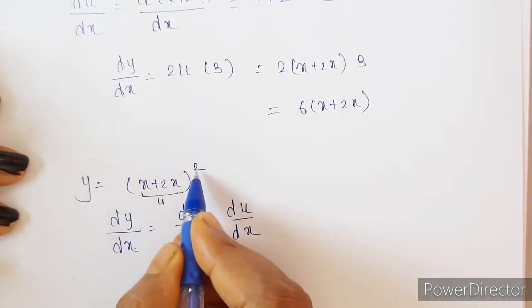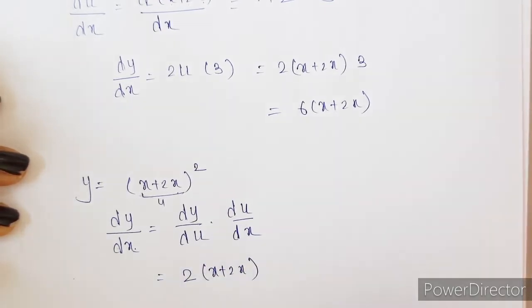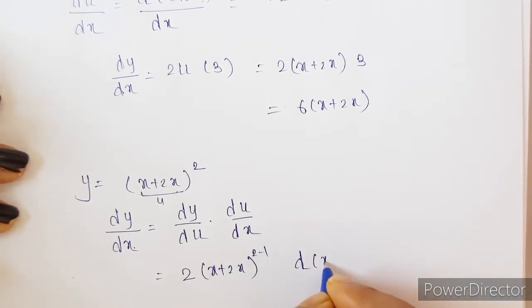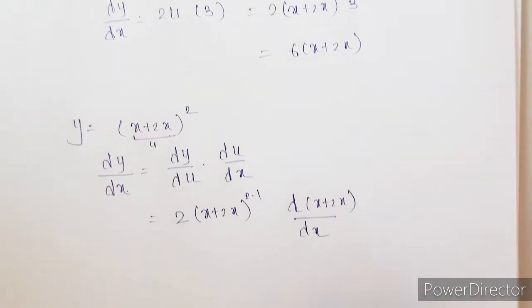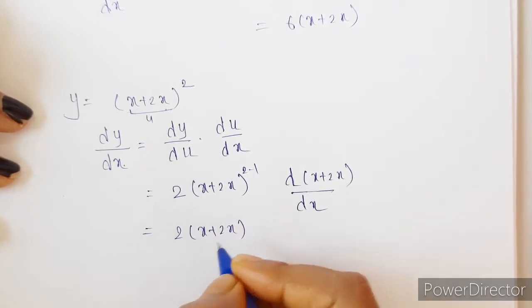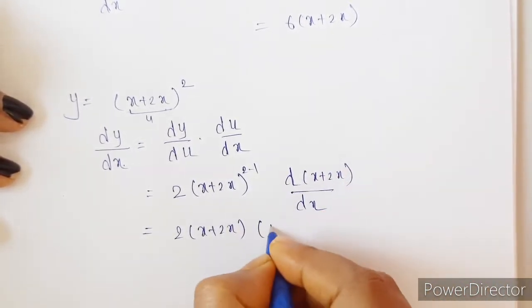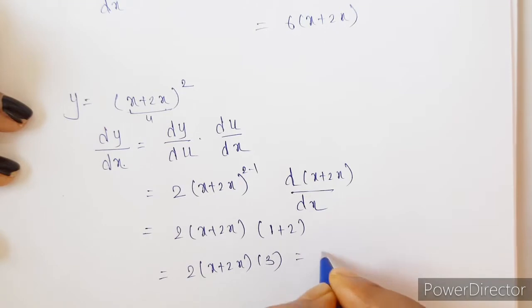So it is 2 times (x + 2x)^(2-1), and the derivative of (x + 2x) with respect to x. So we can write this as 2 times (x + 2x), and the derivative of this is 1 + 2. So we can write this as 2 times (x + 2x) into 3, which is 6 times (x + 2x).